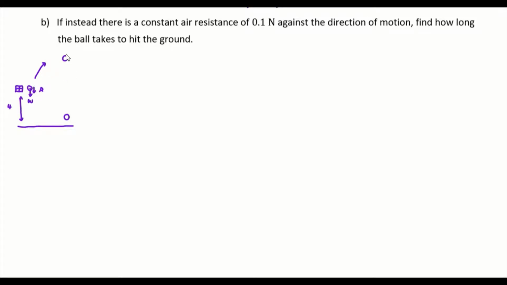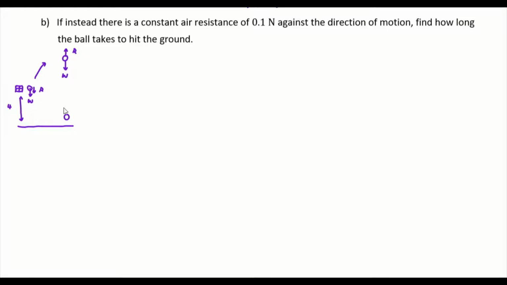But what happens when your ball reaches the maximum position and starts to fall down? Your motion is now going down, so your weight is also going down, right? But the resistance opposes your motion of going down, so your resistance will be going up here.